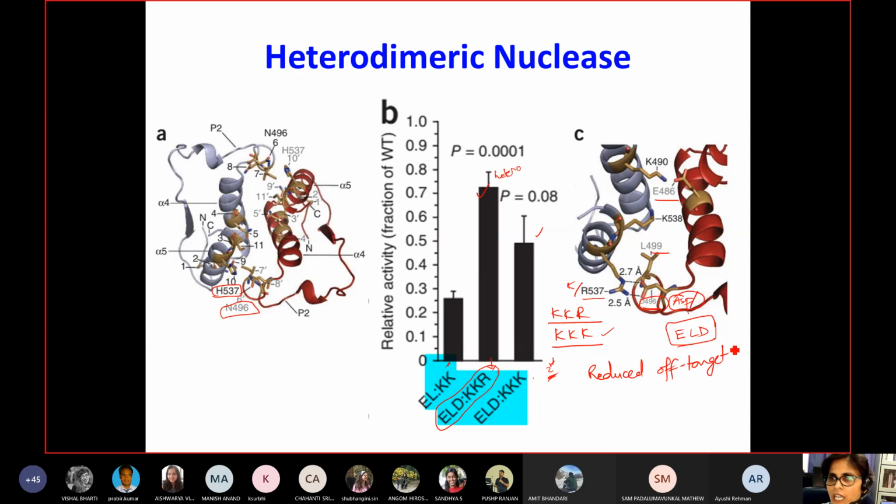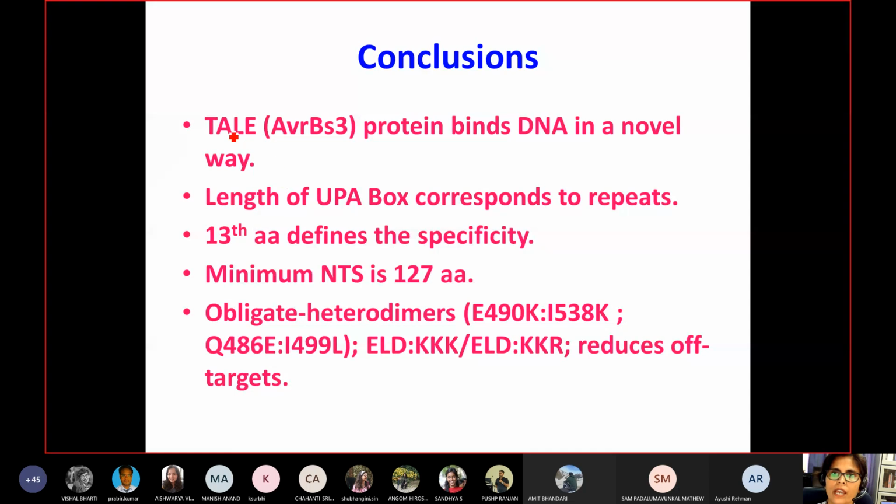So with this, I am almost at the end of this TALEN lecture with the FokI enzyme. What we have seen so far is that the TAL, the avirulence gene protein, binds to DNA in a novel way, where only the box corresponding to its repeats matters, and only the 13th amino acid defines the specificity.